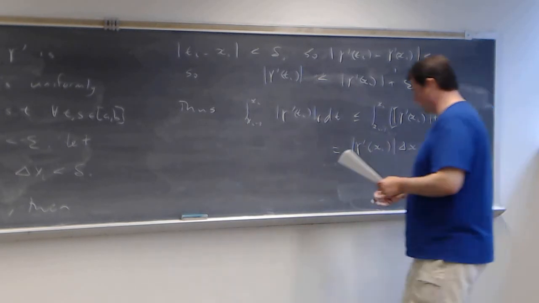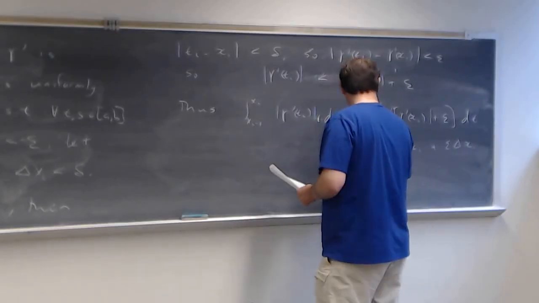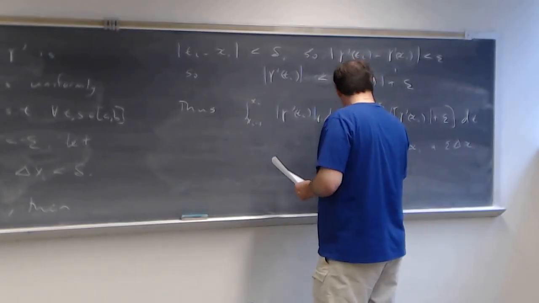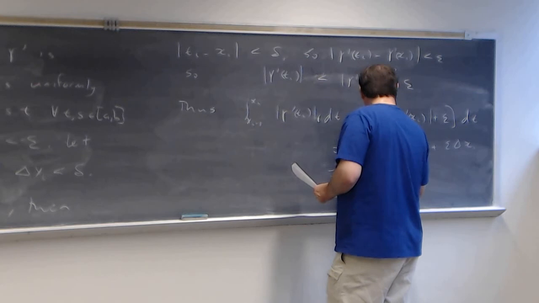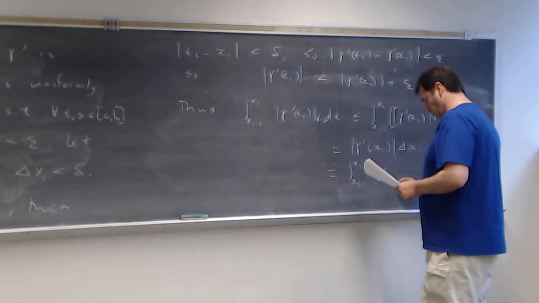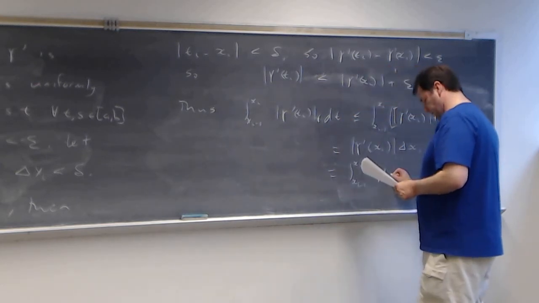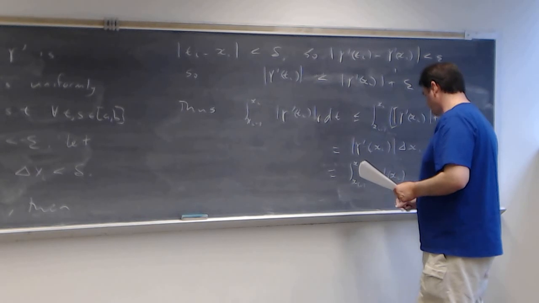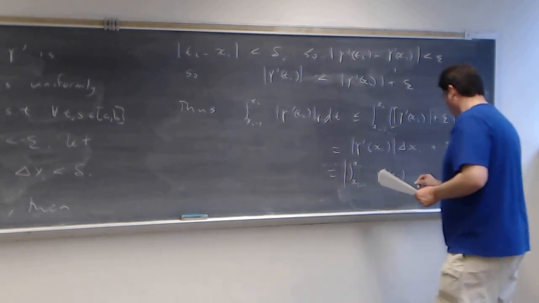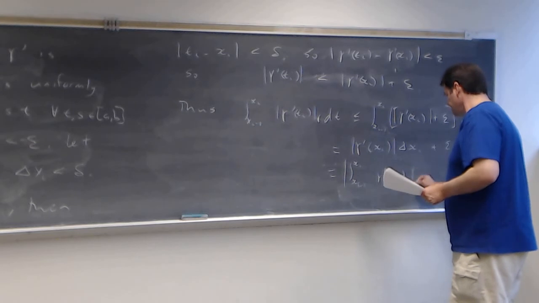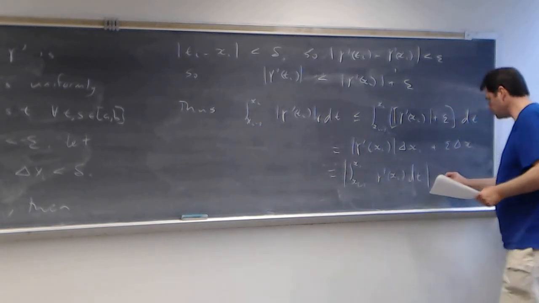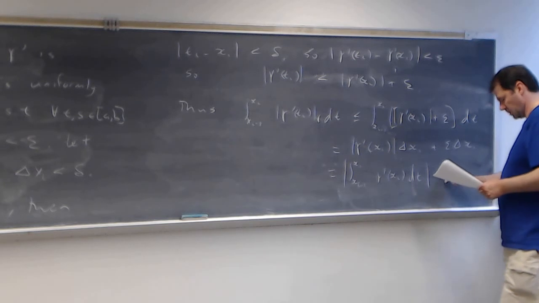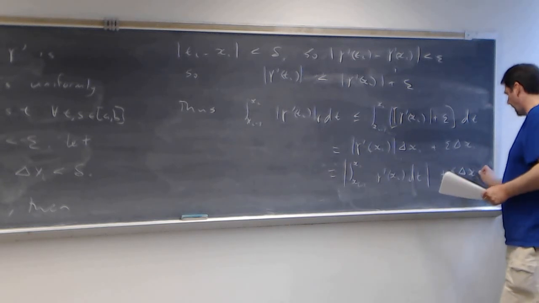And then that's equal to the integral from x sub i minus 1 to x sub i of the norm of gamma prime of x sub i dt, plus epsilon delta x sub i.